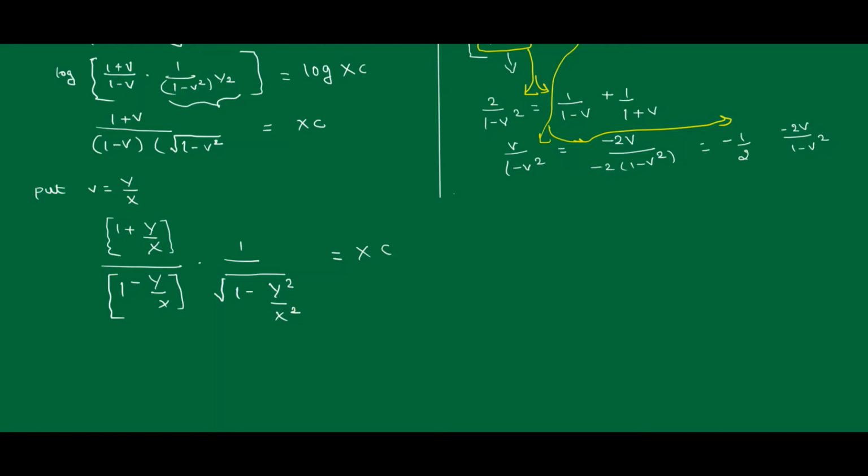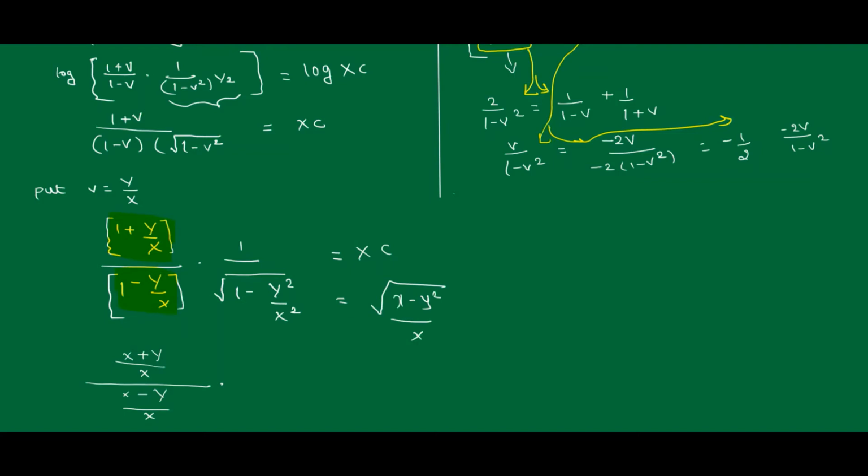And now if you simplify this, 1 plus Y divided by X, we get X plus Y divided by X whole divided by, next again if you simplify this denominator, we can write it as X minus Y divided by X, into here if you take square root, we can write this term as square root of 1 minus Y square divided by X square, because the LCM is X square.